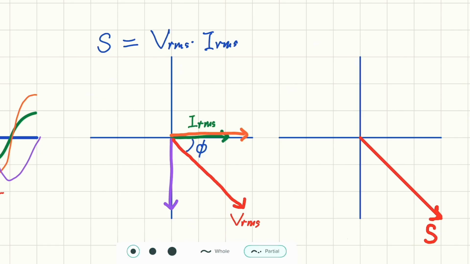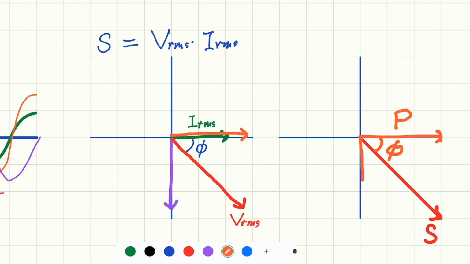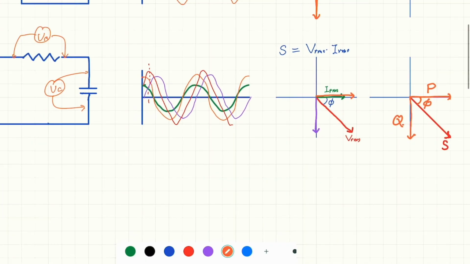So now we can project S along the phase of the current, and this is here. And we call this real power. And the angle here is phi. And now if we project the apparent power along the voltage across the capacitor, this is Q, this is reactive power. So we can form a triangle, and this is a very useful triangle.